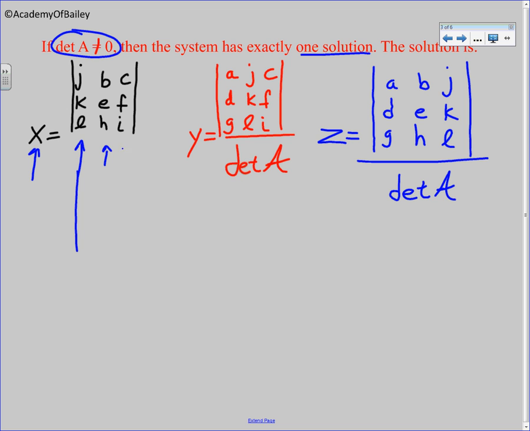The y and z coefficients are the same as they were in matrix A. Looking here, we're solving for y, so J, K, and L get plugged in for the y coefficients. And for z, they get plugged in for the z coefficients there in the last column.